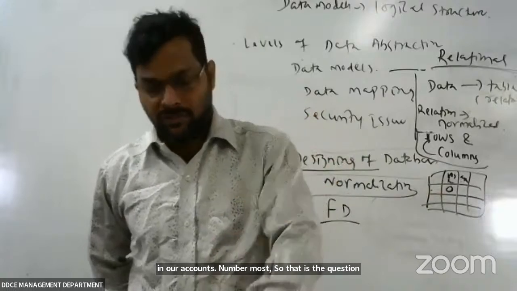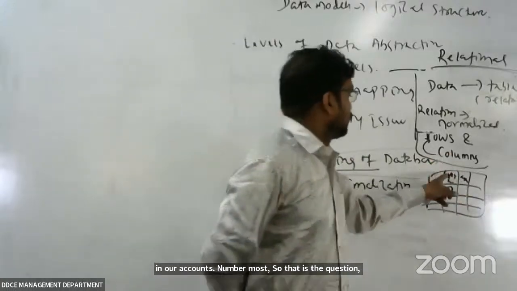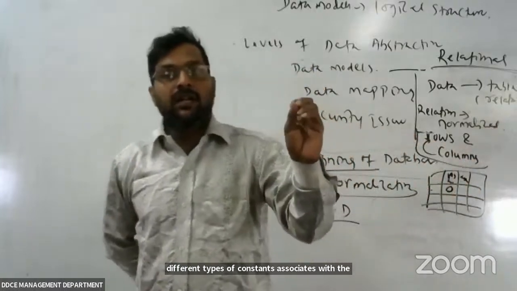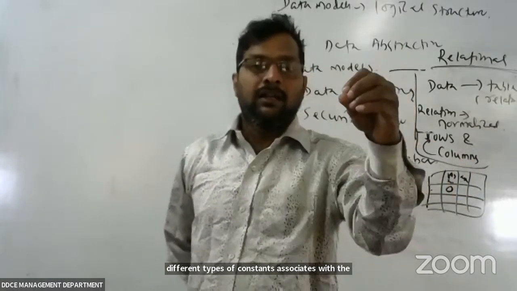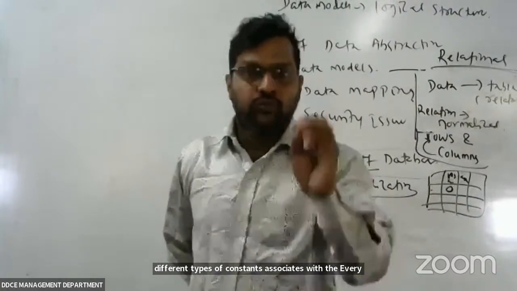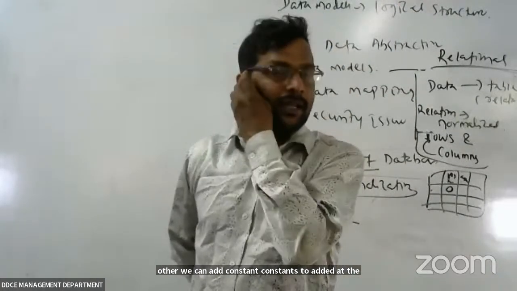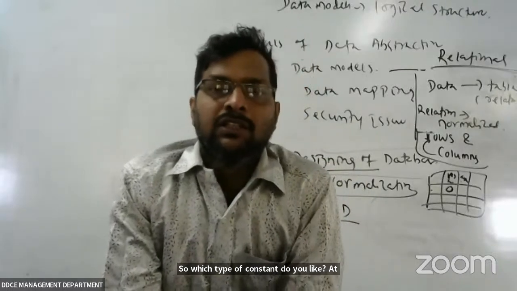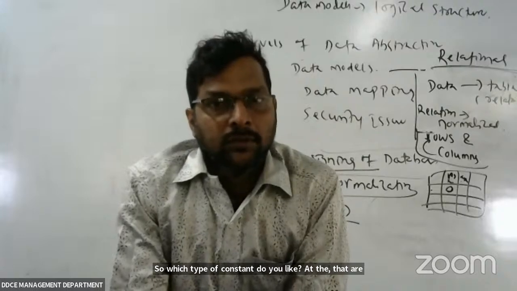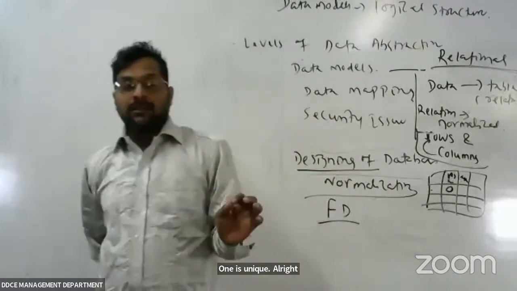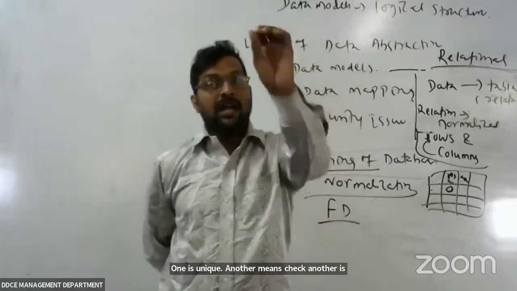Different types of constraints are associated with the columns. For every column we can add a constraint, and constraints are added at the time of designing the database. There are very few types: one is not null, one is unique, another is check, another is not null and unique.